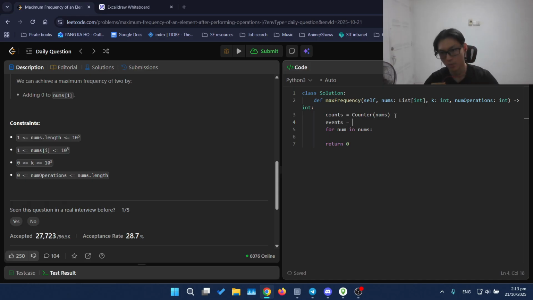So we're doing a sweep line algorithm. And then we can just use a defaultdict in this case. Events for num in nums, so events append. Also, this is the start, equals to 0.